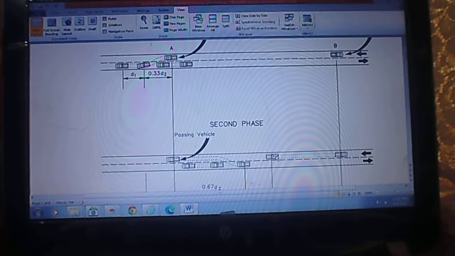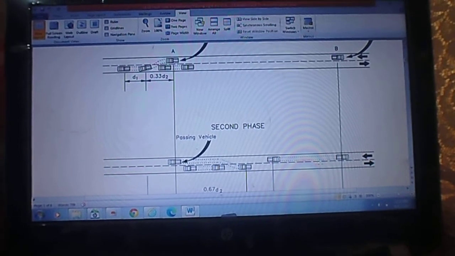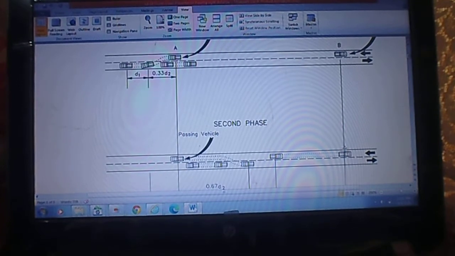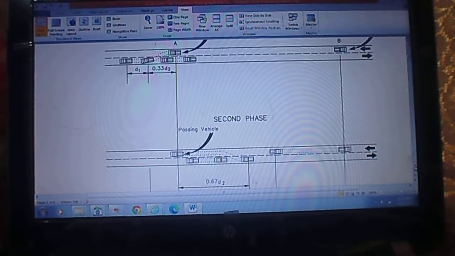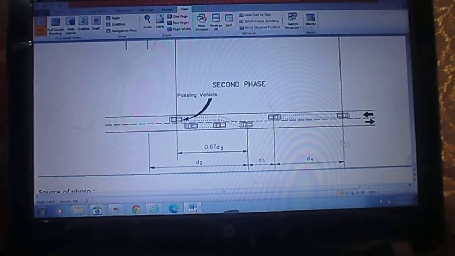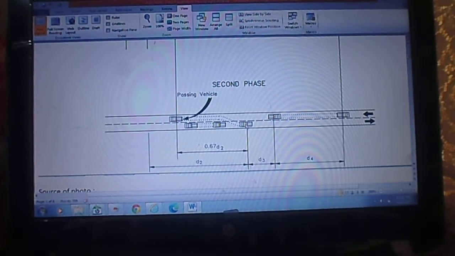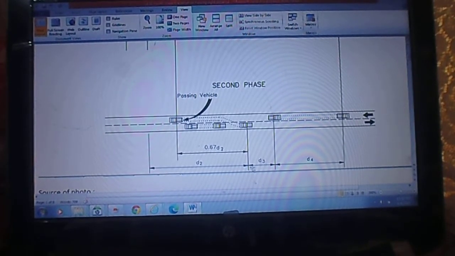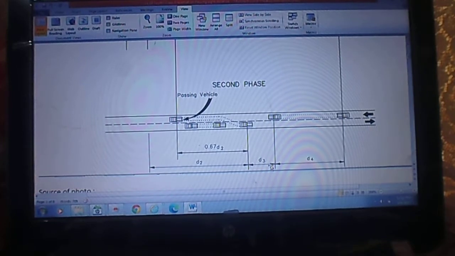Shown is the opposing vehicle which had traversed a certain distance from the initial position. And it is shown nearer from the passing vehicle after the re-entry by a certain distance d sub 3.